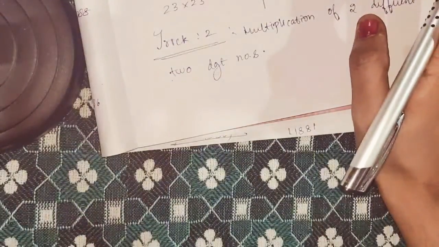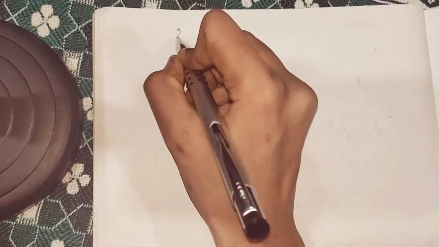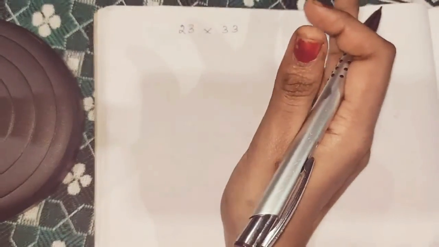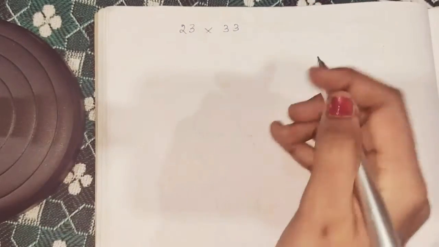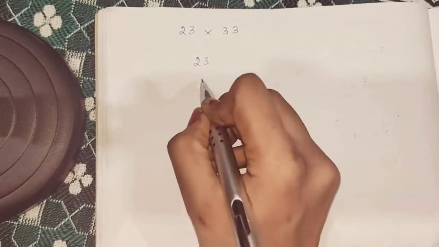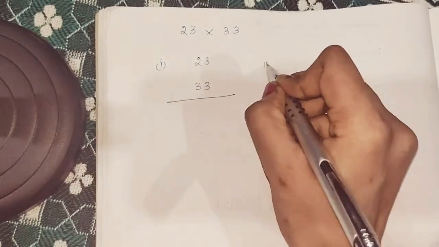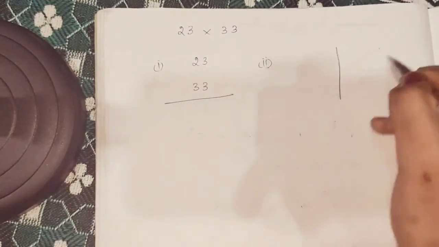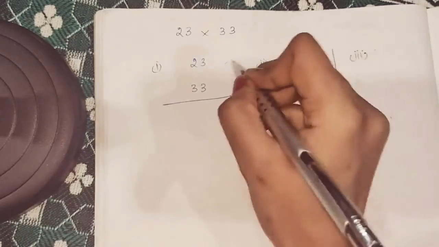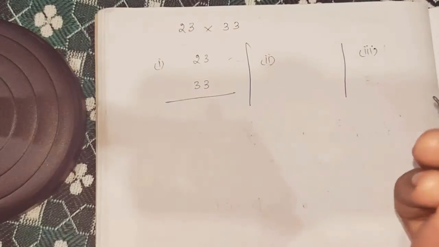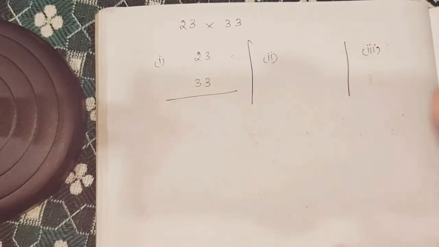Suppose you are given 23 into 33 like this, how can you find this out easily? There are 3 steps. Just remember these 3 steps to solve this within seconds. You need not consume time for solving this kind of multiplication while doing simplification problems.